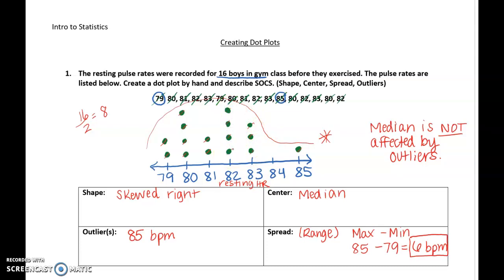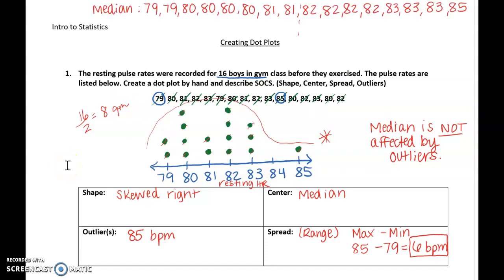In this case, our median is the 9th number. If you notice that I've crossed off 8 on each side, so our 9th dot, our middle, is between 81 and 82.